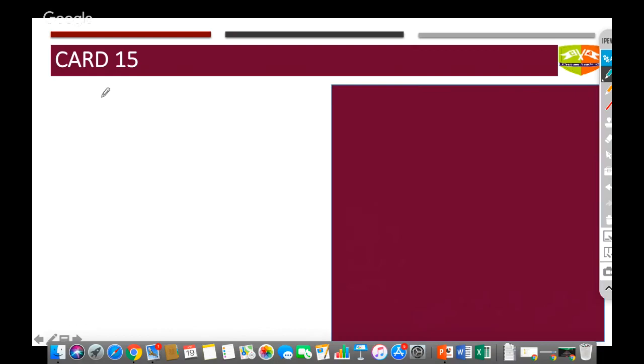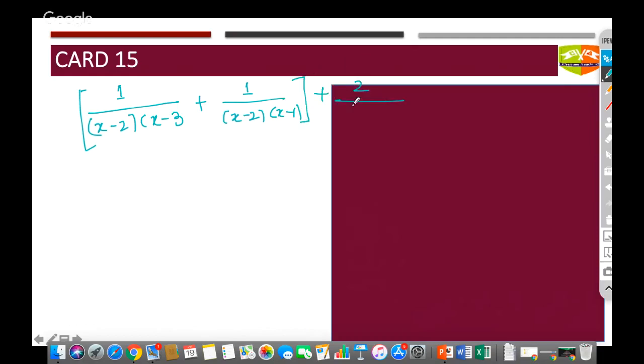Now look here, another question to be solved: 1 divided by (x minus 2)(x minus 3) plus 1 divided by (x minus 2)(x minus 1) plus 2 divided by (x minus 3)(x minus 5).